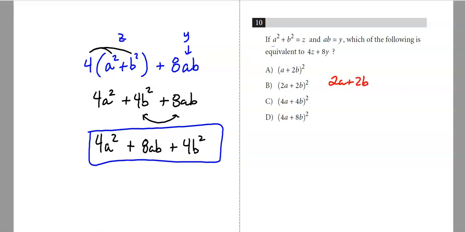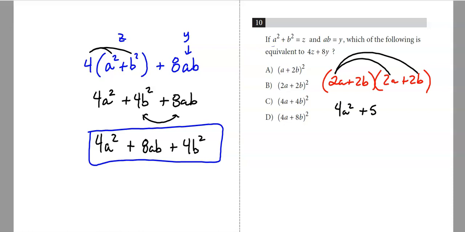2a plus 2b times itself is basically, I need to do first times first, the outsides, okay, so that's, it's actually a b. 2a times 2b would be 4ab. And then I do the insides, 2a times 2b, which gives me another 4ab.